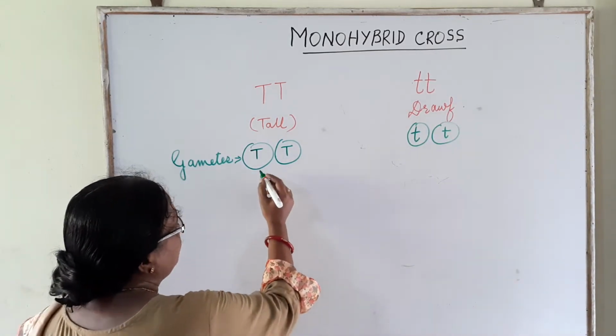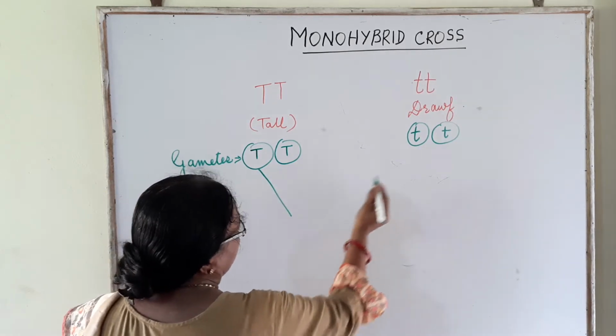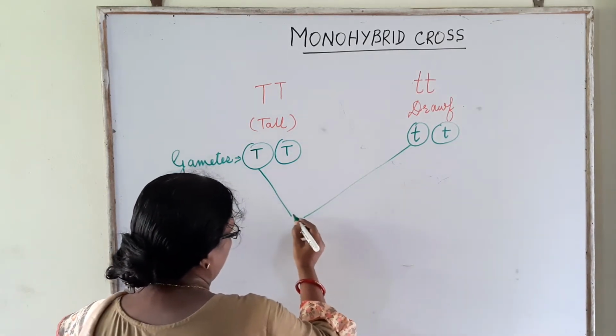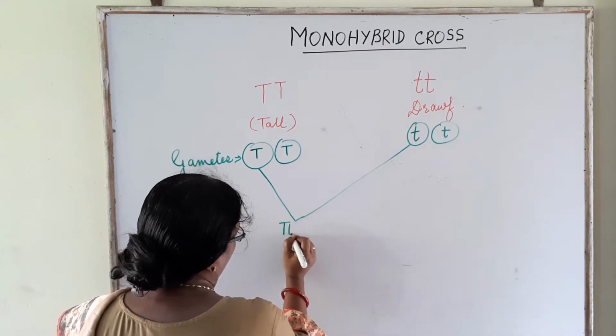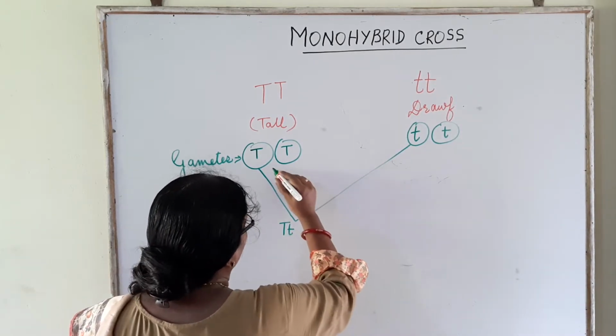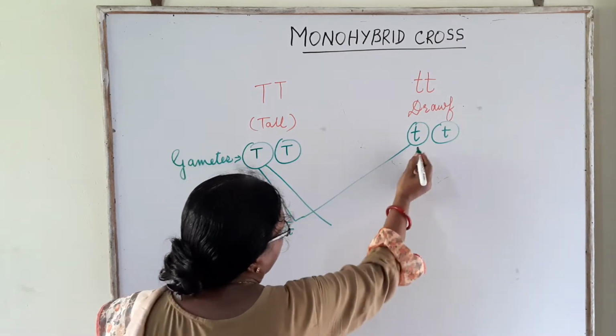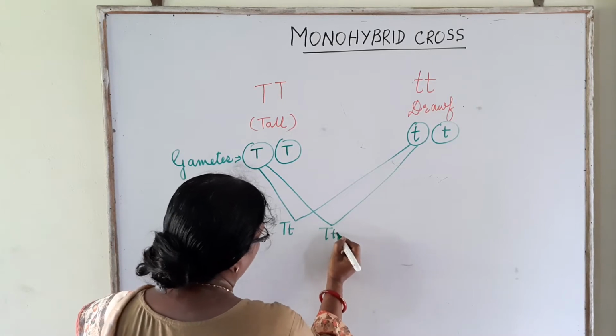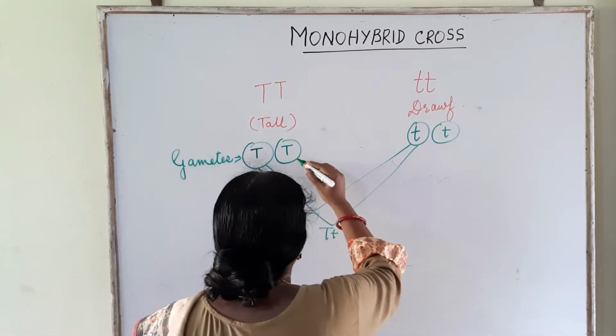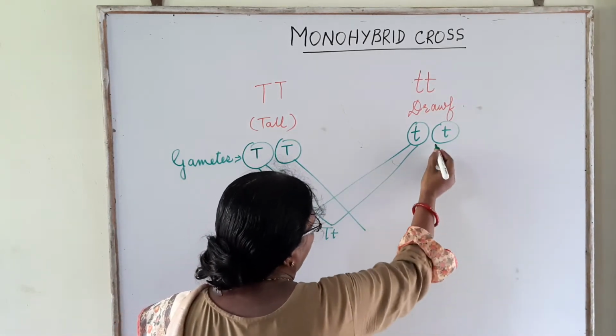So when he crossed these two, we are getting capital T and small t.